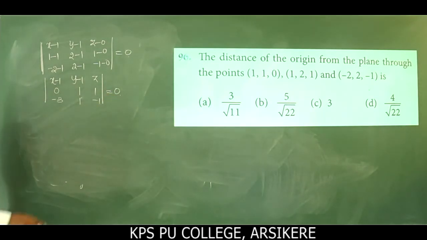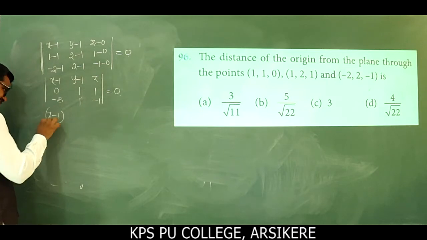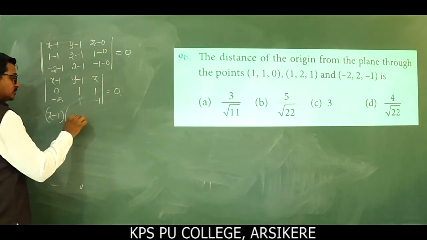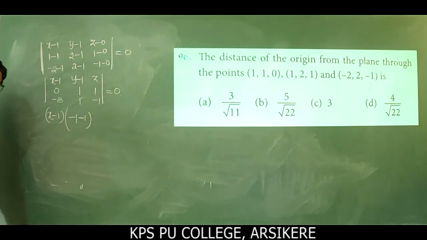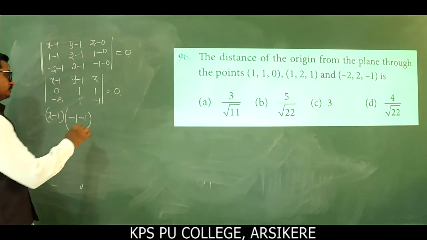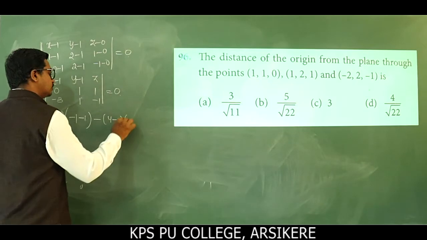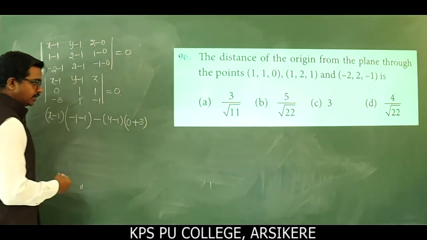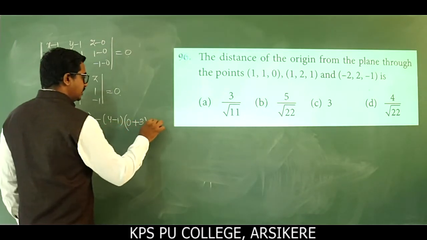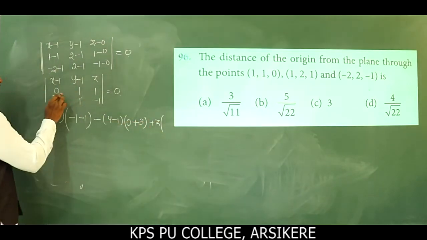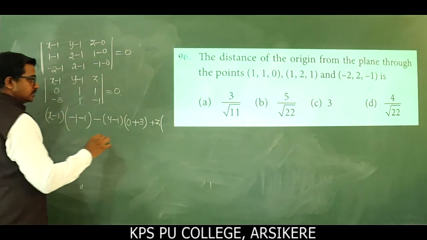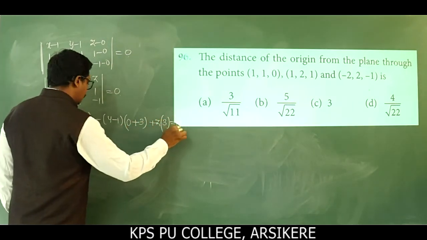Next step is expansion of the determinant. x minus 1 into minus 1 minus 1. 1 into minus 1 is minus 1, minus of 1. Minus (y minus 1) into 0, minus into minus 3 becomes plus 3 again. And the next one, plus z into 0 into 1 is 0, minus 3 into 1 is minus 3, that becomes plus 3, that is equal to 0.